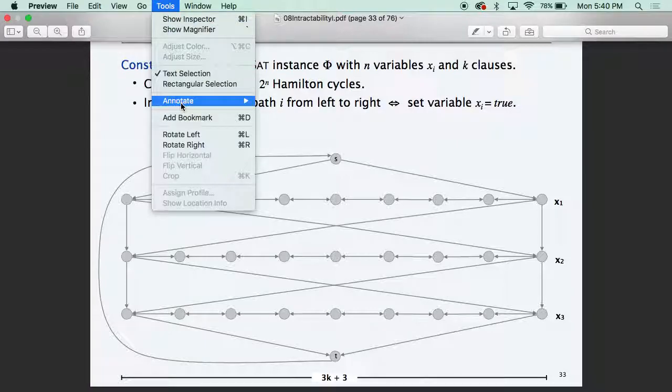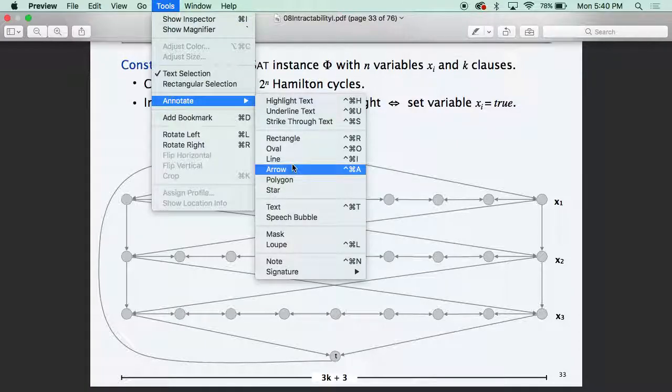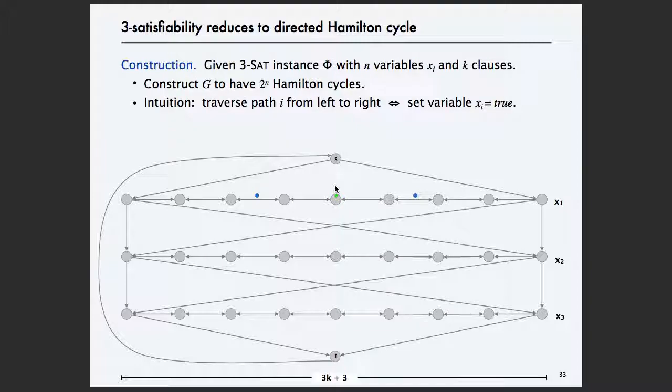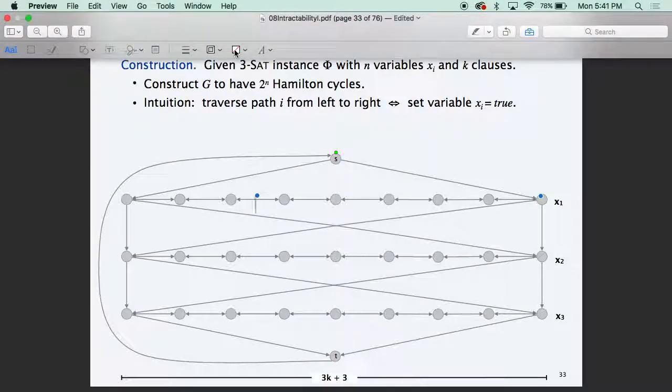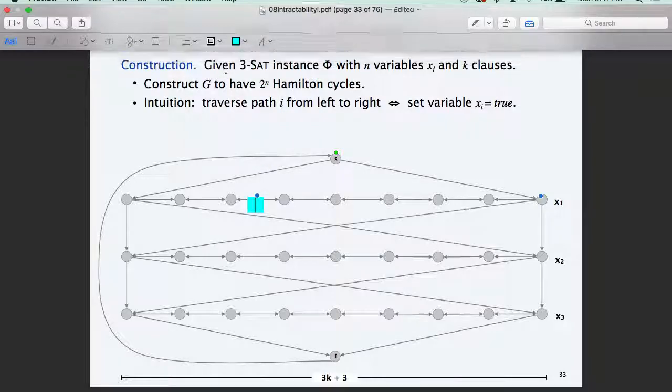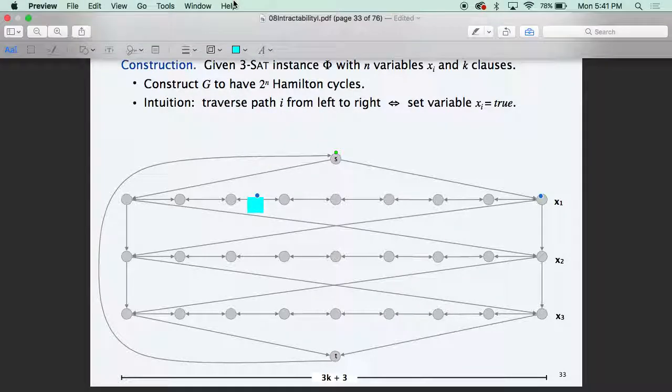There are probably ways to do this in the tools. Can I annotate and draw lines? This is a line. That's a horrible line. There's a pencil tool. That's text, not the right thing. This guy? One to the right. No, the other right. Yeah, okay.